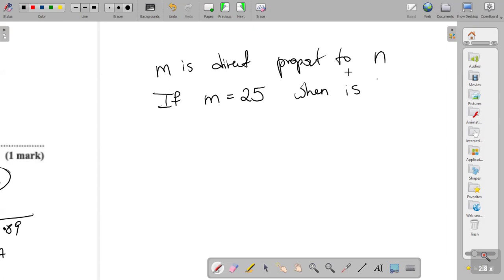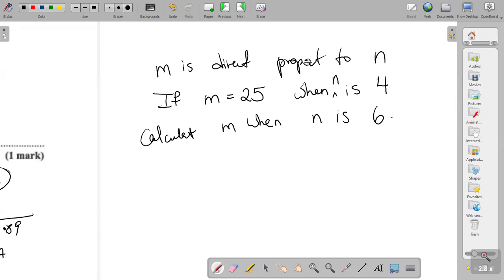Yeah, I want y'all to use a decimal. When N is 4, calculate M when N is 6. Work that out for me.